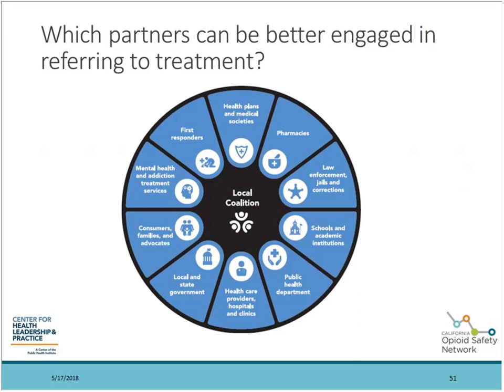This is a graphic that has been used for just talking about the coalition network and explaining what a local coalition is and who the players are. It actually also offers a really convenient suggestion of who the partners might be in your community where patients with opioid use disorder may be touching the system, an invitation to those partners to actually engage in more aggressive screening of opioid use disorder and referral: mental health and addiction treatment services, first responders, health plans and medical societies, pharmacies, law enforcement, jails and corrections, school and academic institutions.